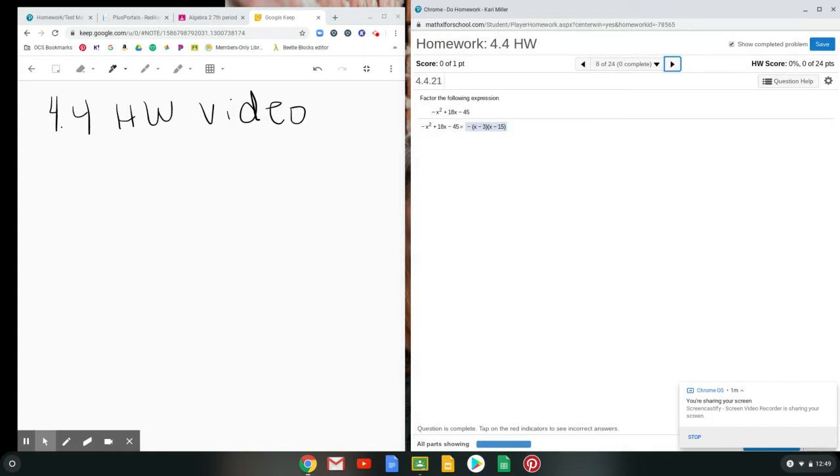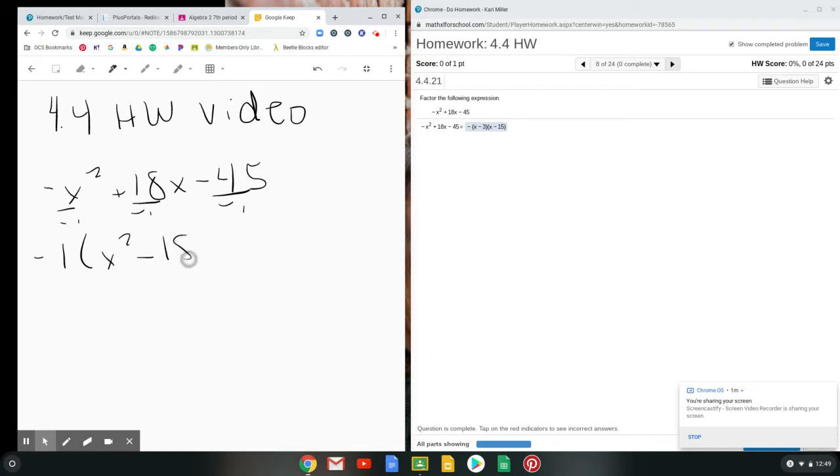Okay, so number 8, the first term is negative. If the first term is negative, you first need to factor out a negative greatest common factor. In this case, it's just -1. So we're dividing each term by -1, which changes the sign. So this is now x squared minus 18x plus 45.